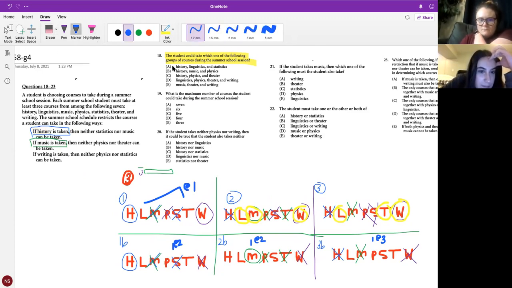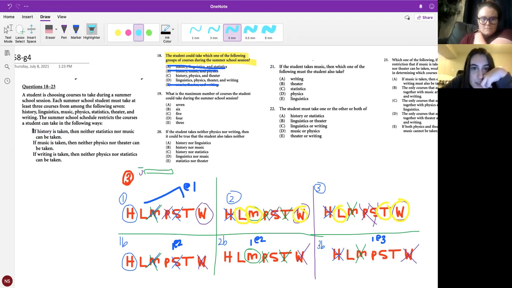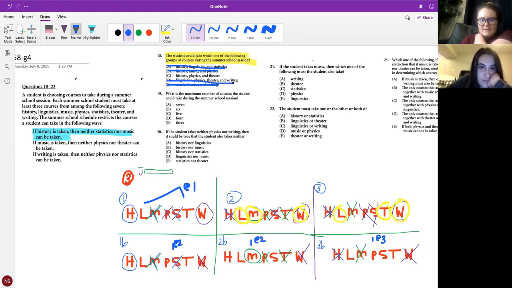A. Because if H, then we can't have S or M. And you can also cross off B because we have H and M. Music can't be with physics or theater. You can cross off E based off the second rule. And writing can't be with physics, statistics, so you're going to cross off D. Our answer is going to be C.